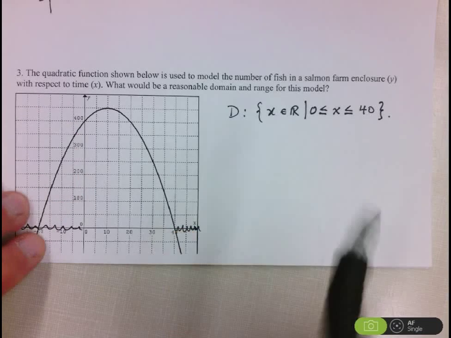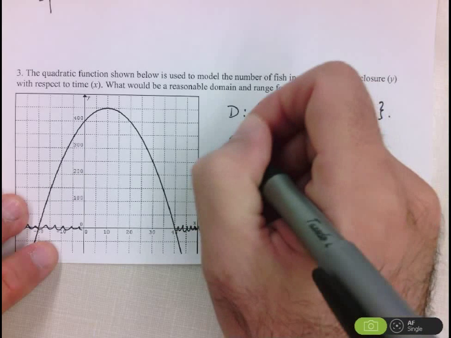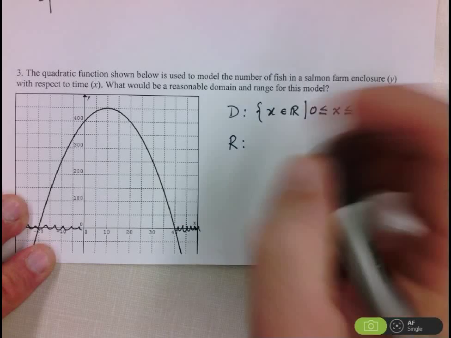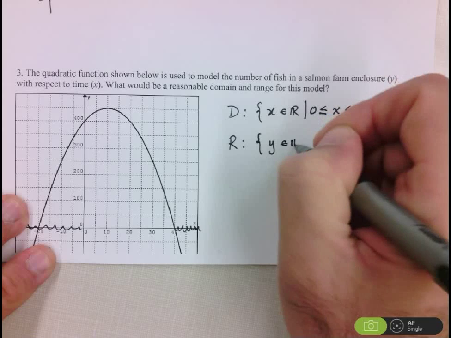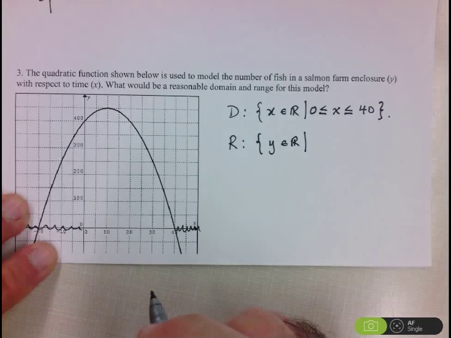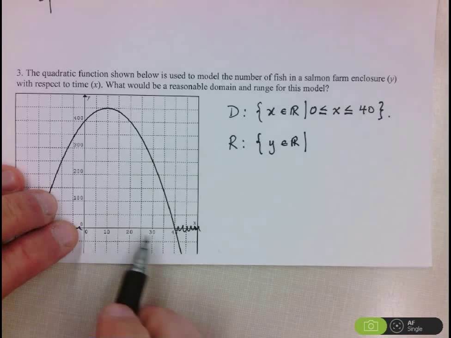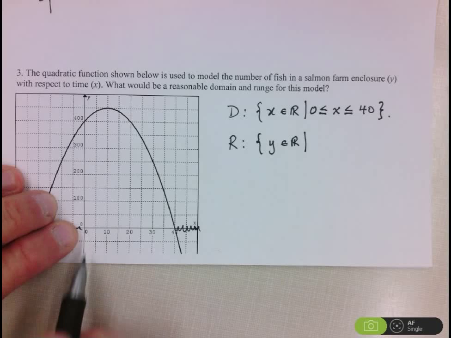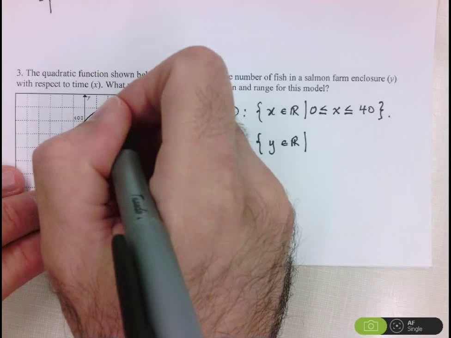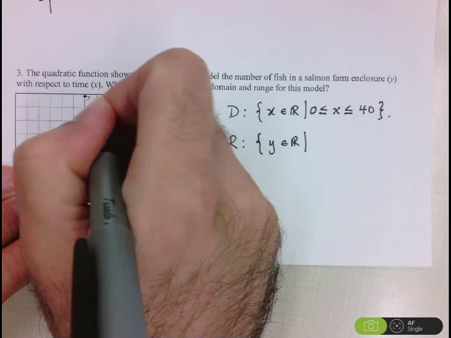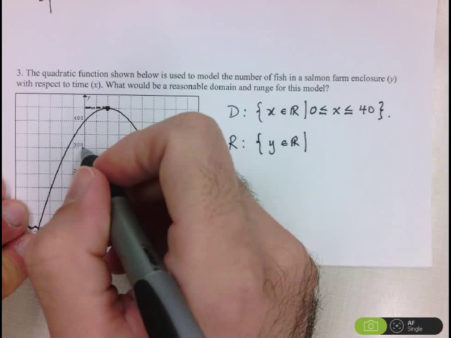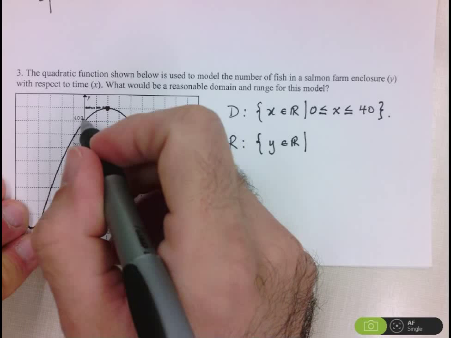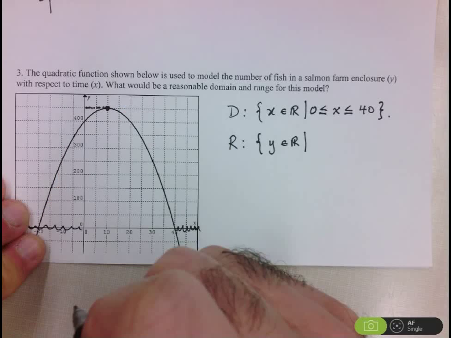And so using that same idea, we're going to write down the set for the range. So here y can be any real number, but yet again there's a condition. I know I don't want to consider a negative number of fish, so nothing below 0, but I notice that I have a maximum value here, so I'm not going to consider anything above that. So we look here, 300, 400, so that must be 350, so that means that is 450.